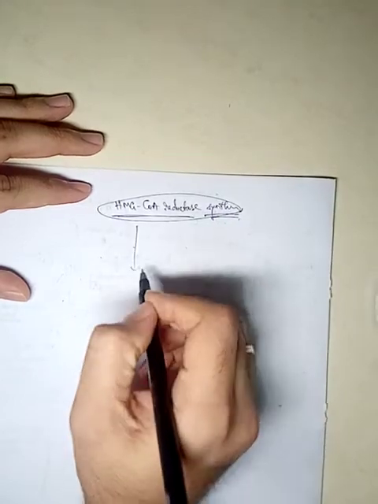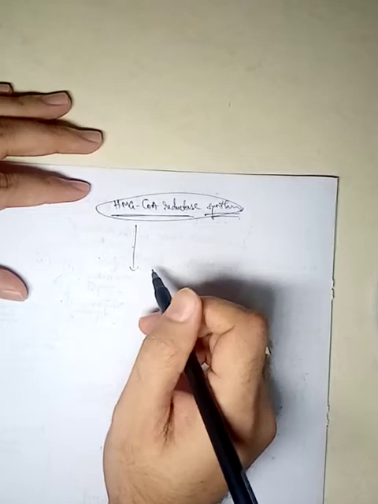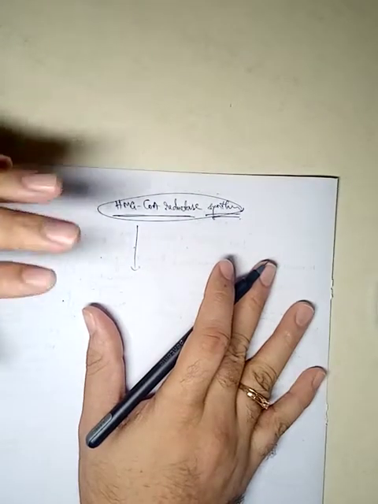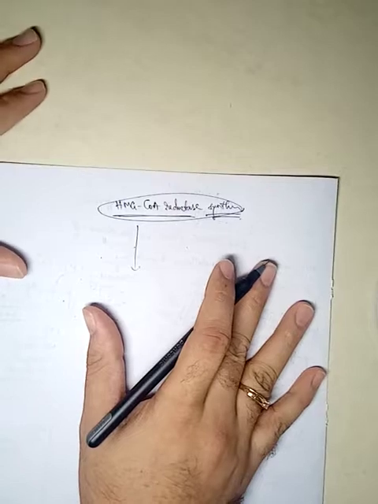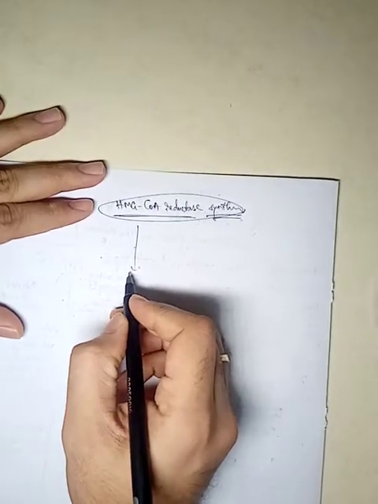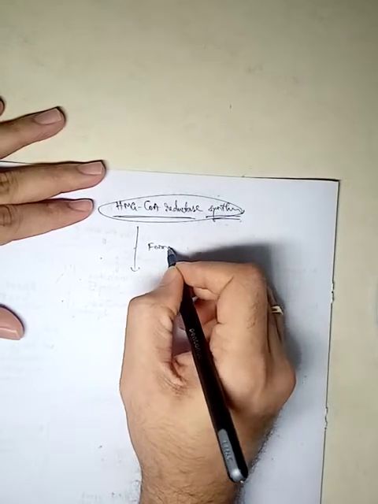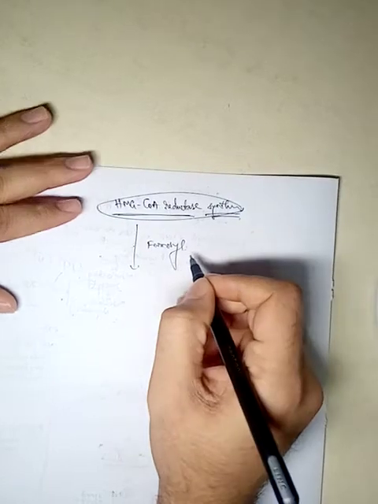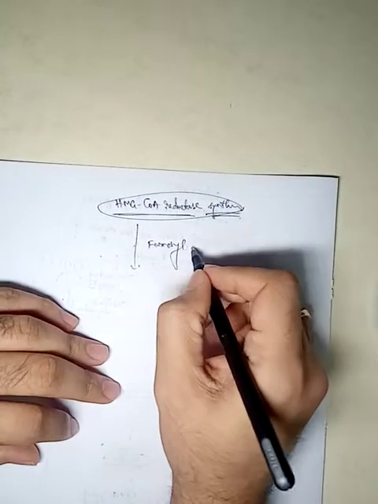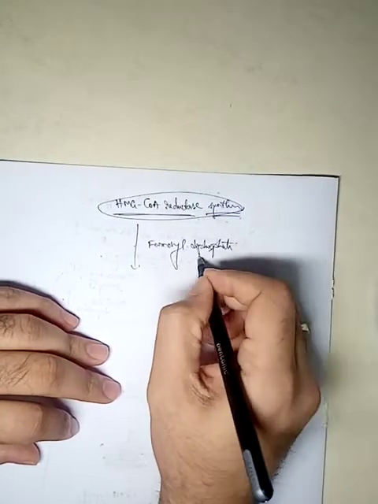So there are some intermediary products which are very important for some changes. We'll discuss that. So what exactly happens is there is an enzyme called farnesyl diphosphate synthase.